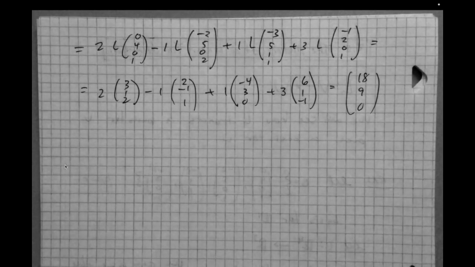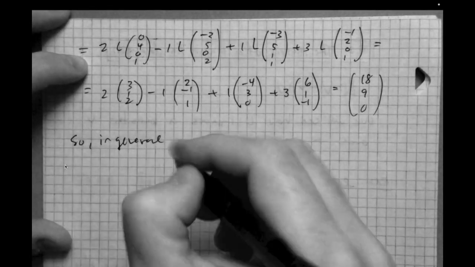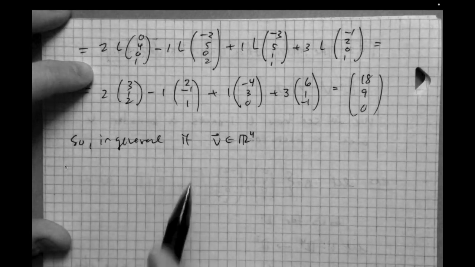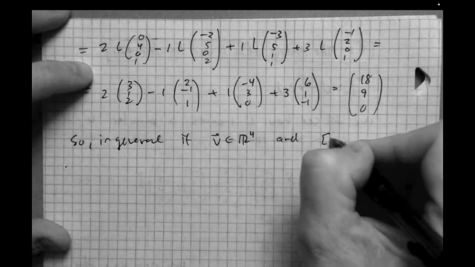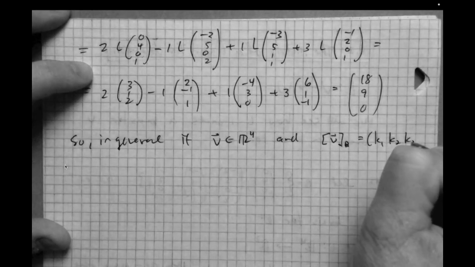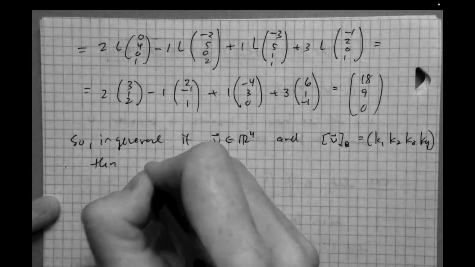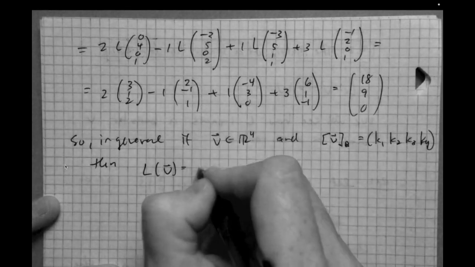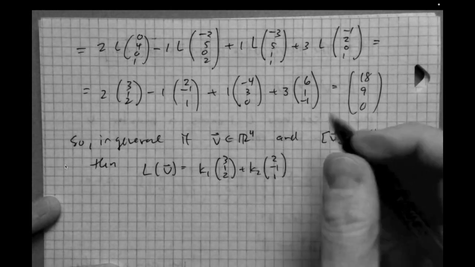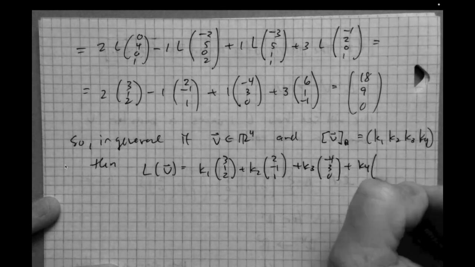Okay, so in general, for this linear transformation, if v is a vector in R4 and we can coordinatize v with respect to the ordered basis B as (k1, k2, k3, k4), then the linear transformation of v is equal to k1 times (3, 1, 2) plus k2 times (2, -1, 1) plus k3 times (-4, 3, 0) plus k4 times (6, 1, -1), right?